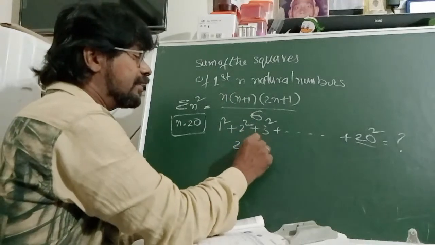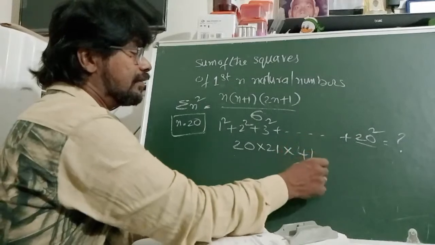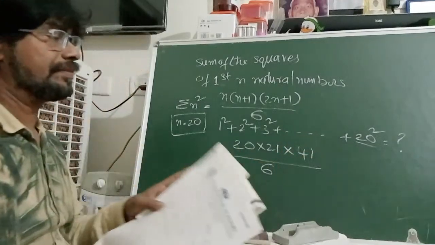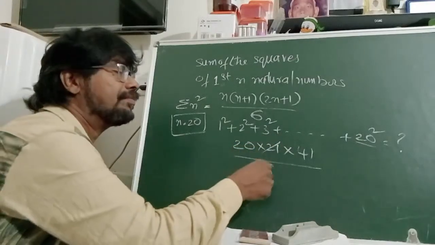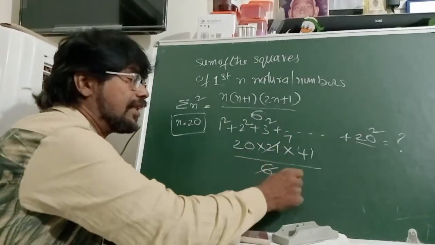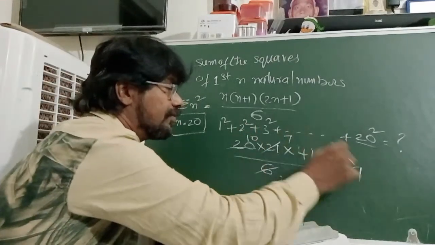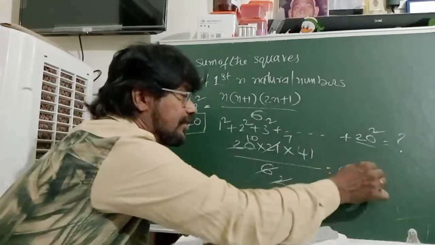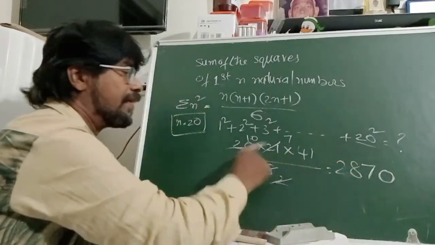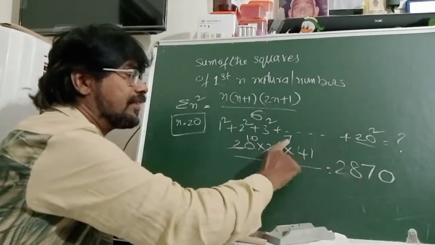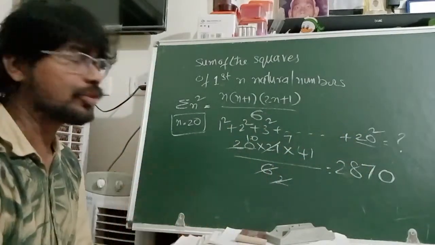So 20, 21, 2 twenties are 40 plus 1, 41 by 6. 3 times 7, 2 times 2 tens. So 7 times 4 is 28, 0. So 2870. Look, to make it easy, 7 1 is 7, 7 4 is 28. So it is 10, so we should do calculations easily.